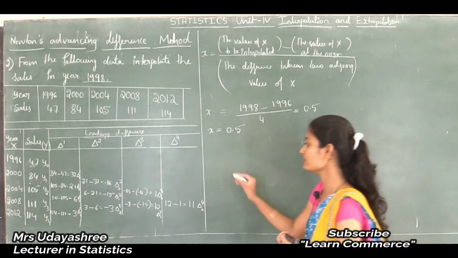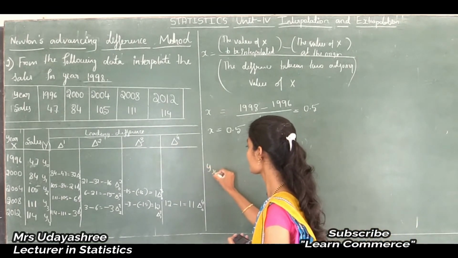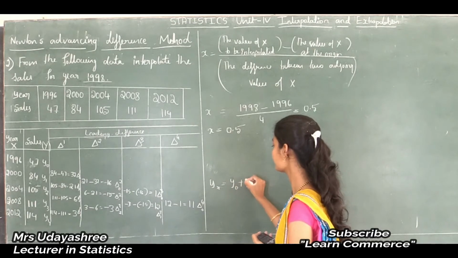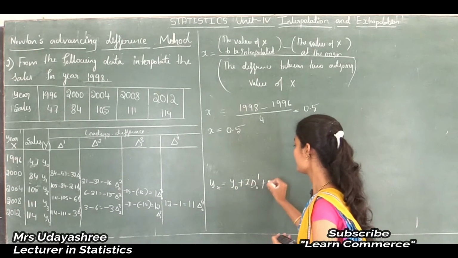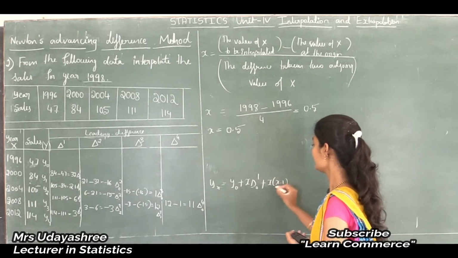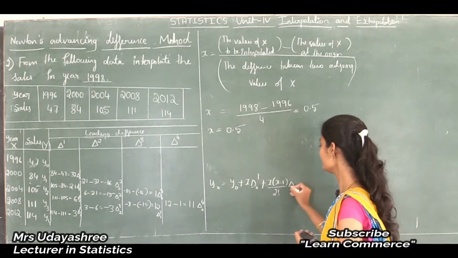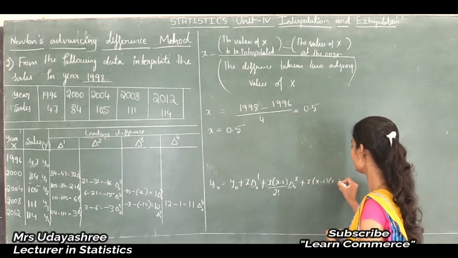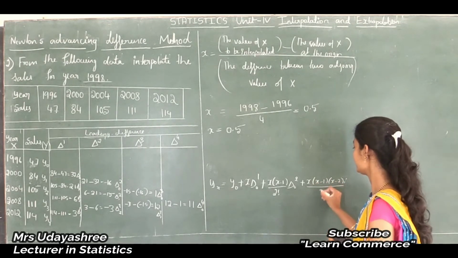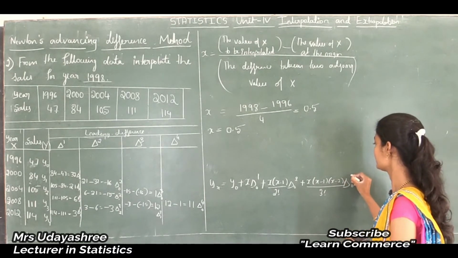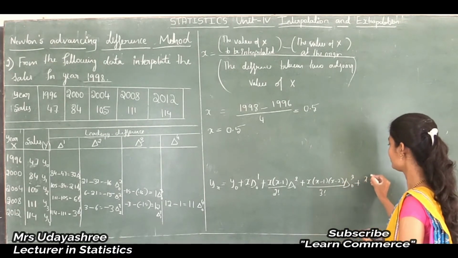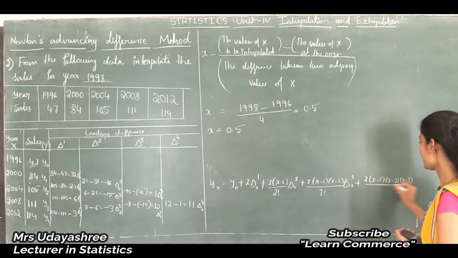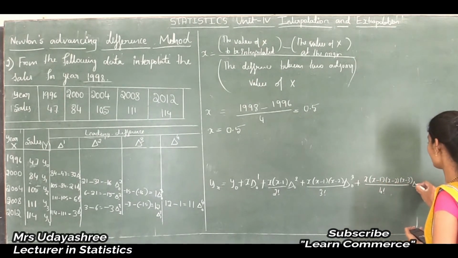That formula is yx equal to y naught plus x into delta naught 1, plus x into x minus 1 divided by 2 factorial into delta naught 2, plus x into x minus 1 into x minus 2 divided by 3 factorial into delta naught 3, plus x into x minus 1 into x minus 2 into x minus 3 divided by 4 factorial into delta naught 4.